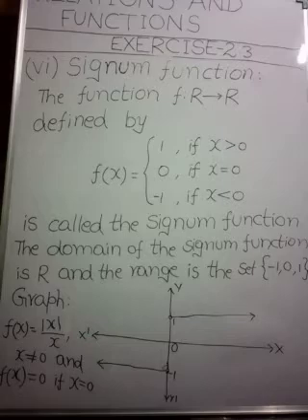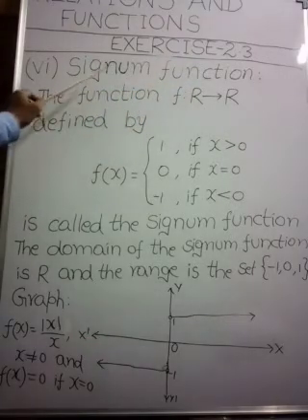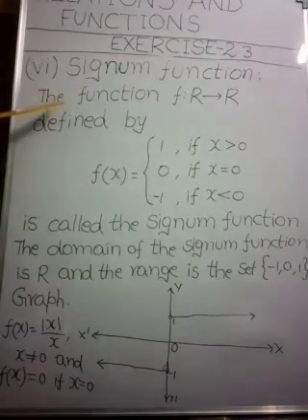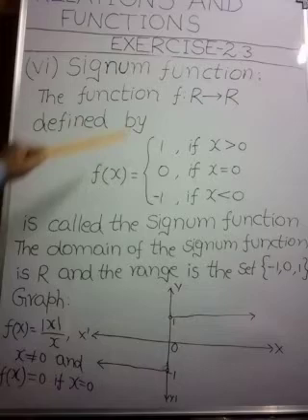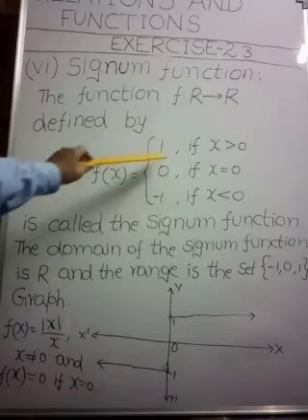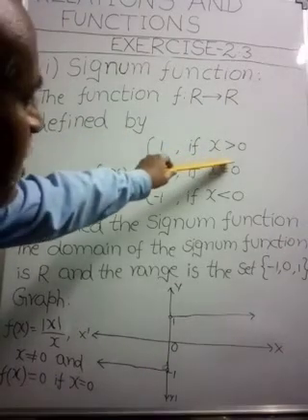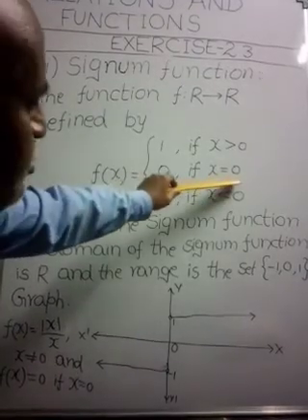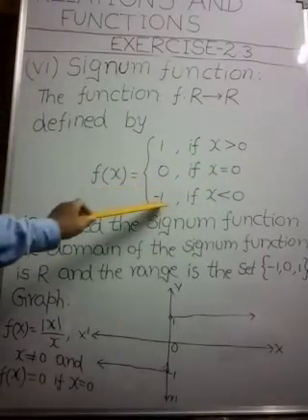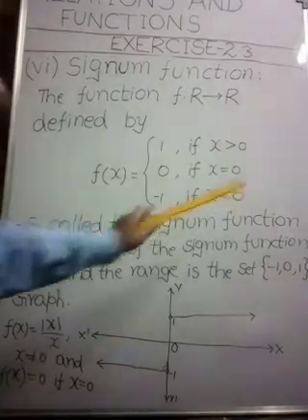Now the next type of function is signum function. The function f from R to R defined by f of x is equal to 1 if x is greater than 0, f of x is equal to 0 if x is equal to 0, f of x is equal to minus 1 if x is less than 0.